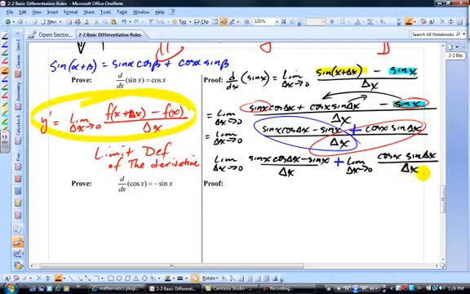I split the fraction, and what's cool about that is that I found some special limits in here that we learned from last chapter.